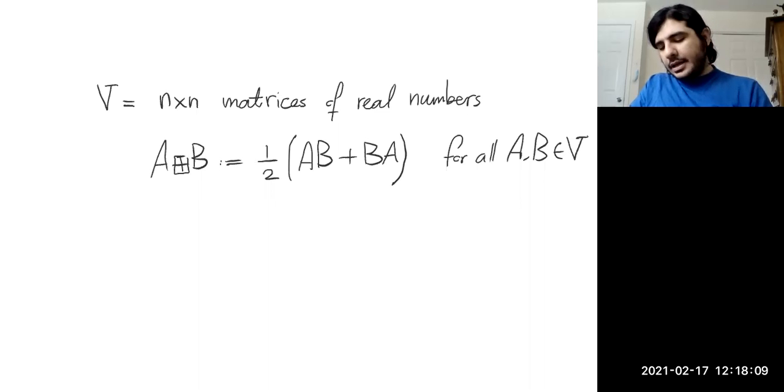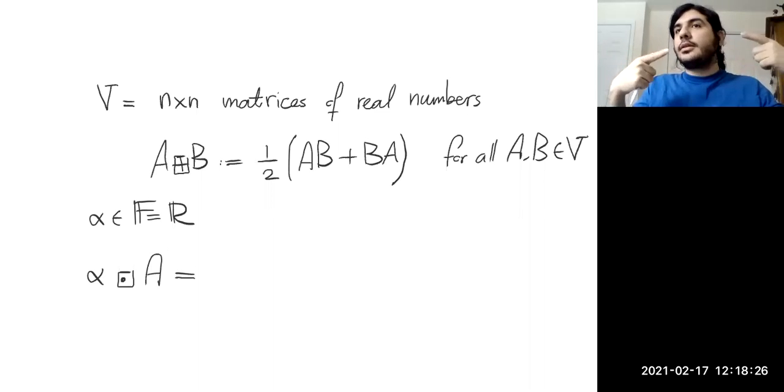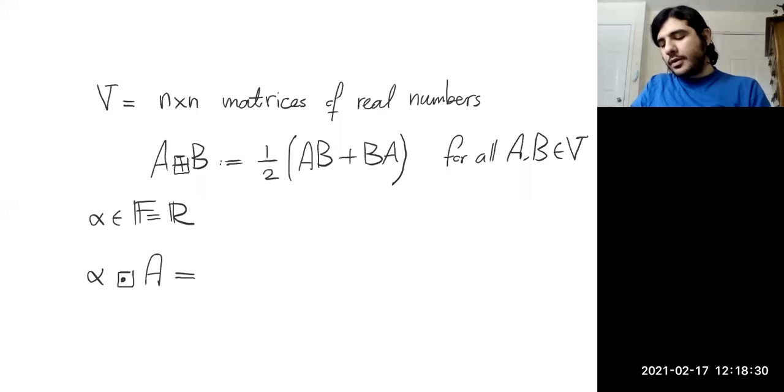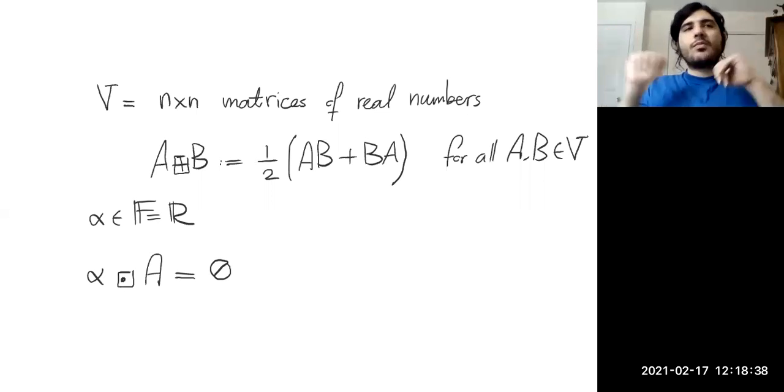And then for any alpha in our field, which is the set of real numbers, we would have alpha times a matrix. Well, the usual definition is we would multiply each component of a matrix by that real number. Here we changed that definition: I would define this multiplication to be the matrix 0 for all alpha and all a. Just 0.